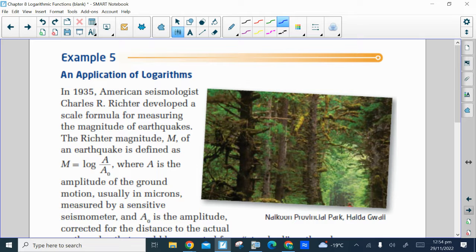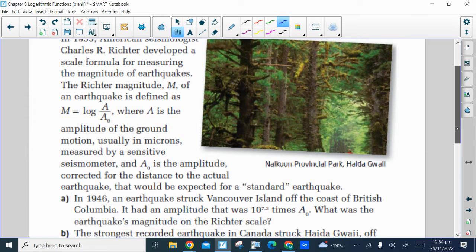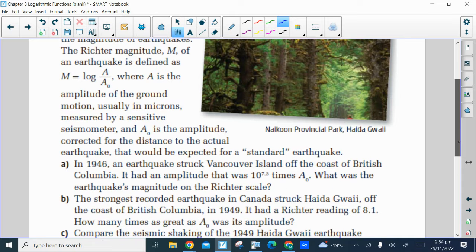The Richter magnitude M of an earthquake is defined as a logarithm: M is the log of A over A sub 0, where A is the amplitude of the ground motion, usually in microns, measured by a sensitive seismometer. A sub 0 is the amplitude corrected for the distance to the actual earthquake that would be expected for a standard earthquake. So that's what those values represent.